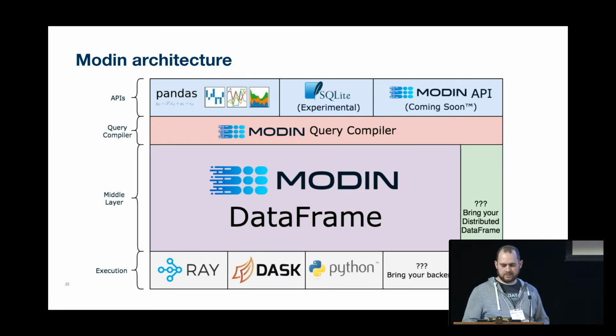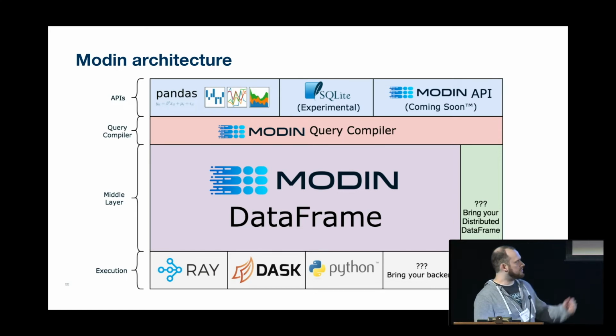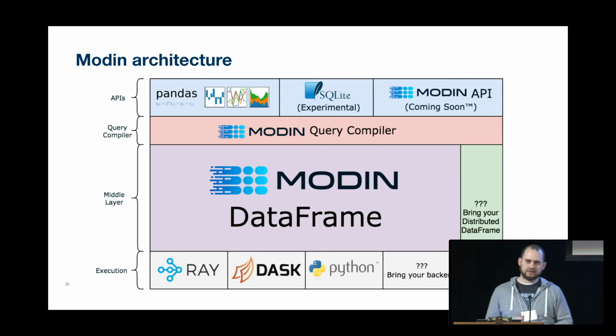So the query compiler layer is effectively a layer that translates this large pandas API and all these behaviors into a small subset of behaviors that basically enforces that there's only one way to run any given behavior or any given operation. I put this green box here, which is bring your distributed data frame.